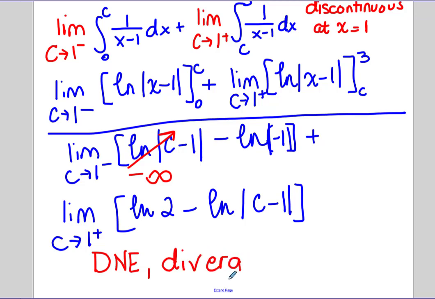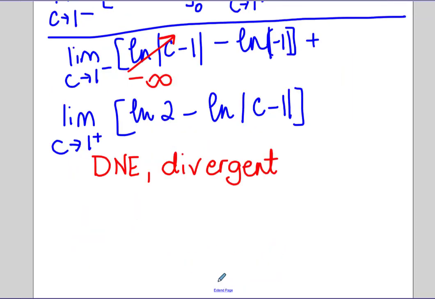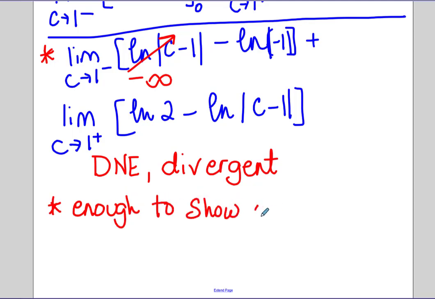It's divergent. And I would put a note right here that says this is enough to show one part diverges. Then you don't have to spend time on considering all the other pieces. That's the end of our lesson.